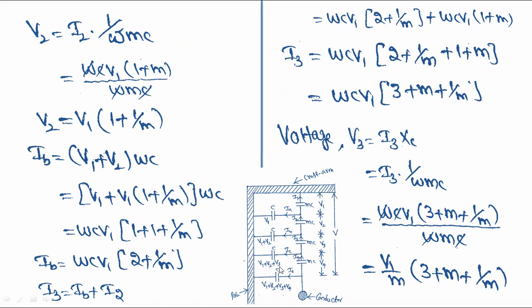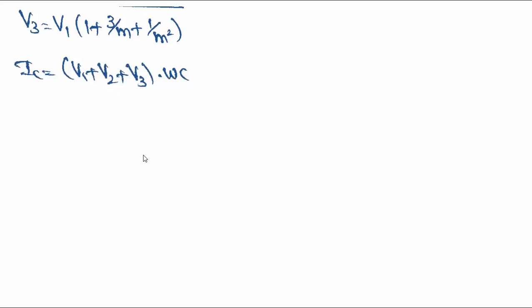What is the voltage? V1 plus V2 plus V3. That is IC equal to V1 plus V2 plus V3 into WC. V1 is the same, WC into V1. And what is the value of V2?